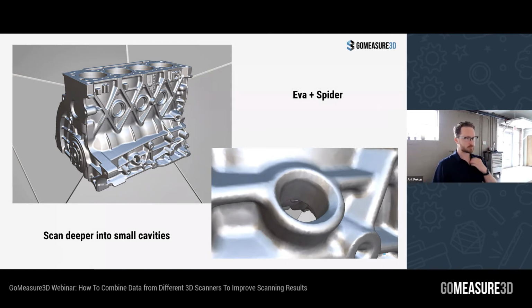And so here's an example of being able to capture more detail. We all know, if you've used a 3D scanner, that it's an emerging technology, and it's not perfect, and it has its limitations. So when you want a really large scanning volume, you give up on the ability to scan into really small parts. And so this again is being able to bring the best of both scanners together.